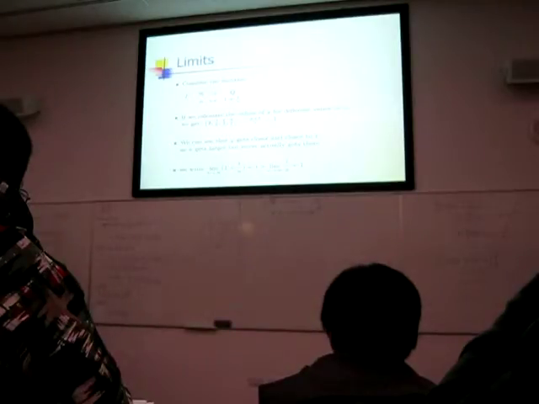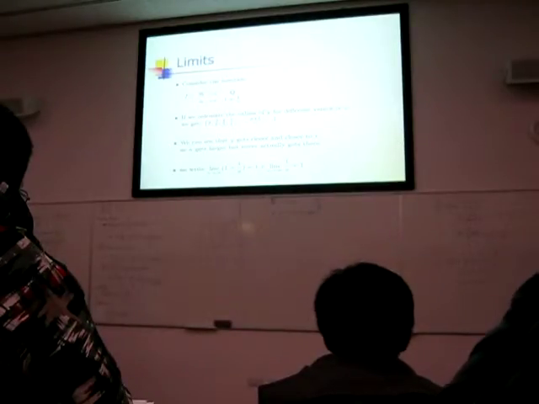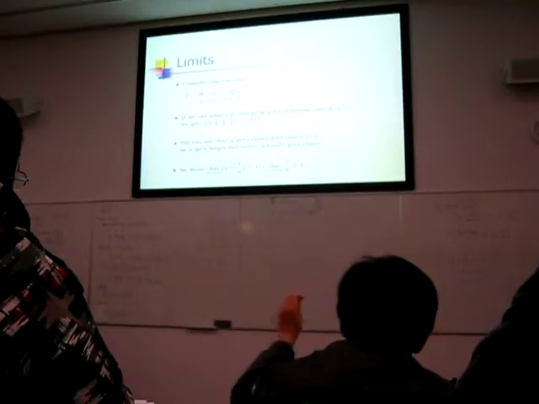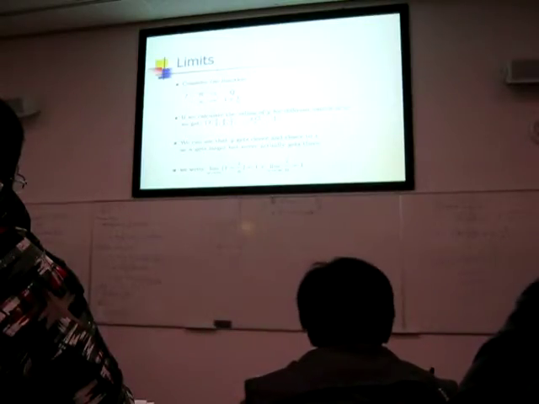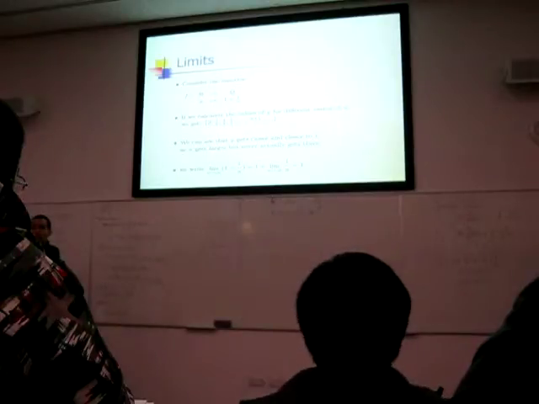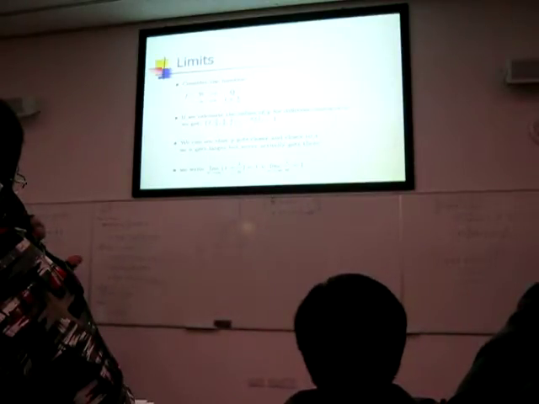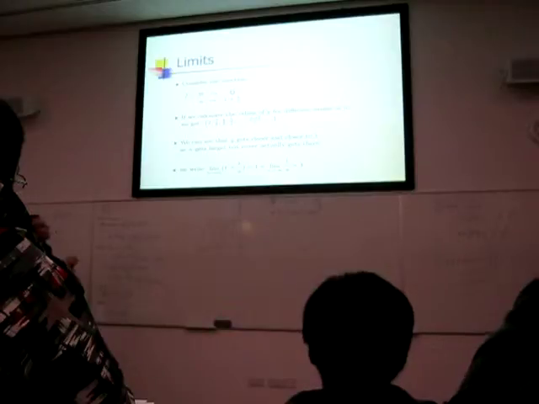So we've got a function that takes a natural number and maps it to 1 plus 1 over n. Then we can easily see, if we actually work out what these values are for different n's, it starts off with 2, and it goes on getting smaller and smaller.